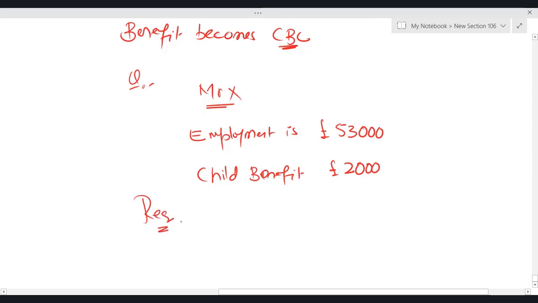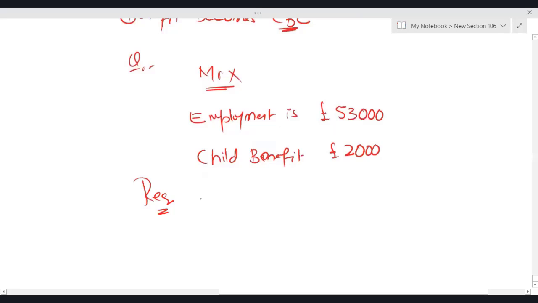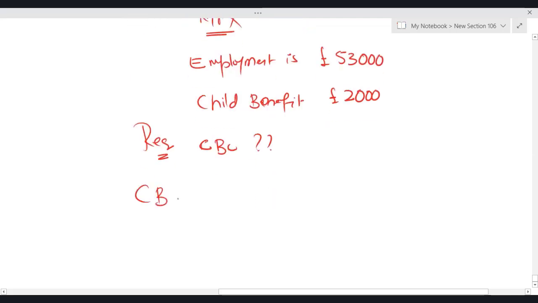Required is we just need to calculate the CBC charge. Let me first calculate the CBC percentage. There's no gross PPC, there's no gift aid. So 53,000 becomes adjusted net income. Let's make it easier for you.